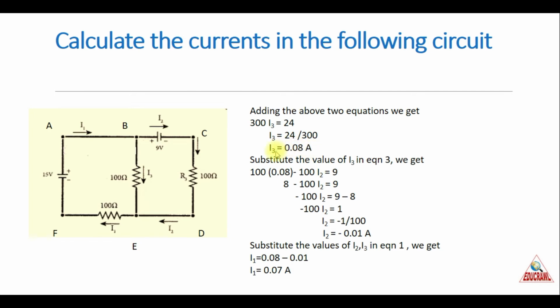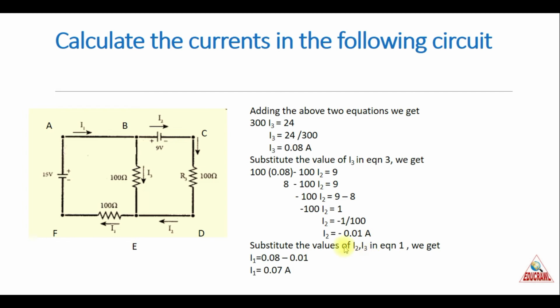Now this value of I3 we have to substitute in equation 3. So when you substitute, we will get 100 into 0.08 minus 100 I2 is equal to 9. When you simplify, you will get the answer of I2 as minus 0.01 ampere.